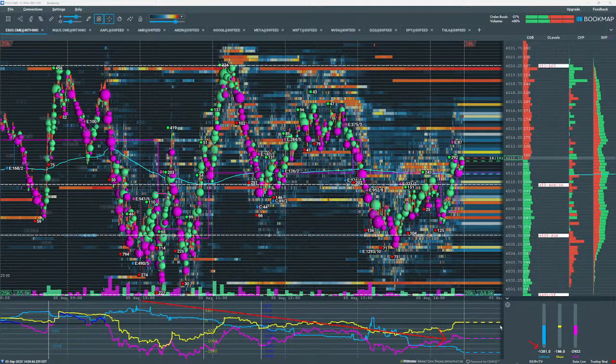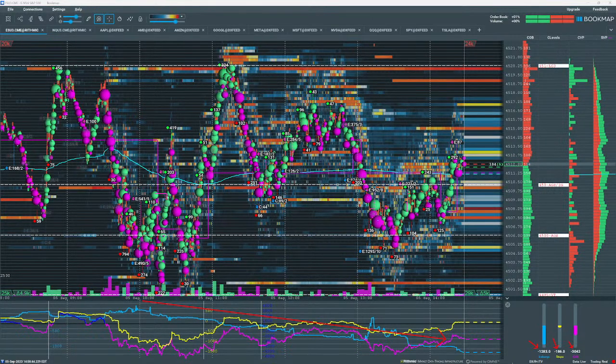Cumulative for the day, minus 1281. All these numbers are negative. Stops, also cumulative volume delta. Options traders having a very large influence on price action today. Again, fading the highs and lows.